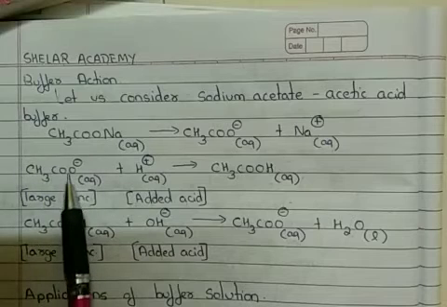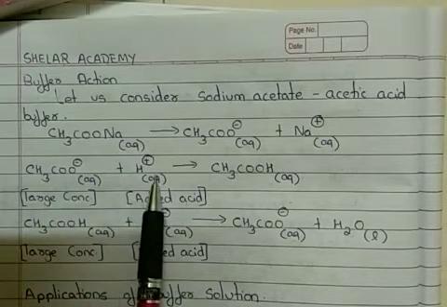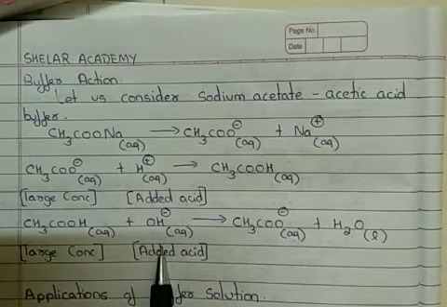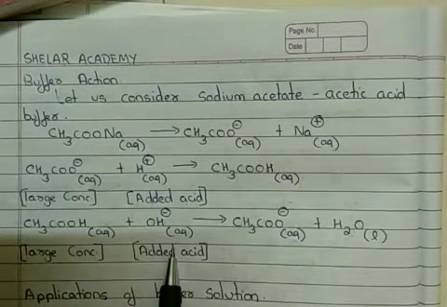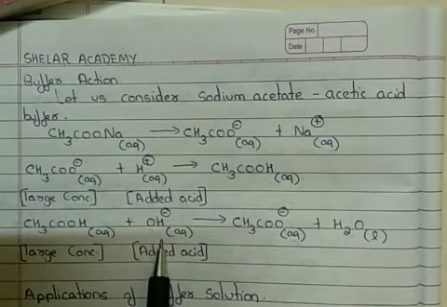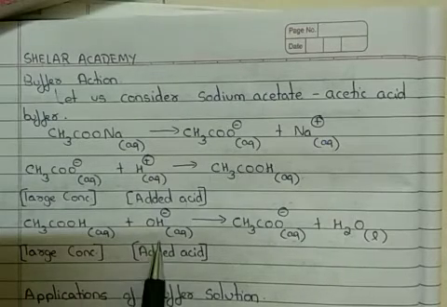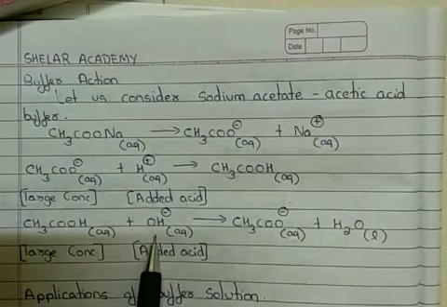Now suppose in the same acidic buffer we add a small portion of base, so it will generate OH minus ions. Now who will take care of this OH minus ion?